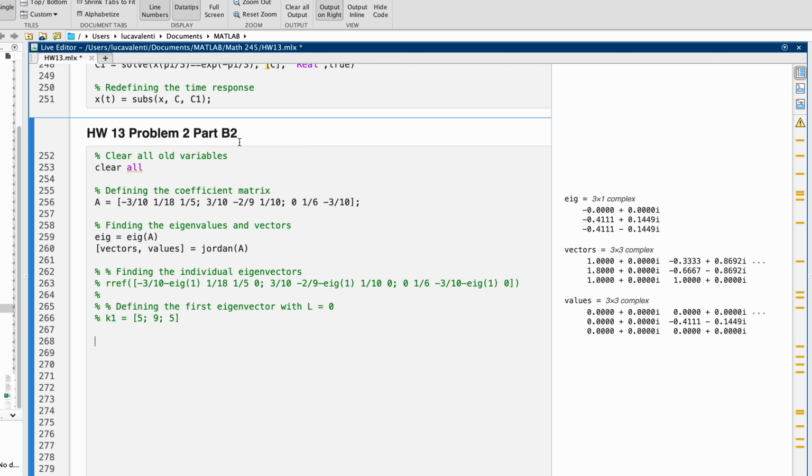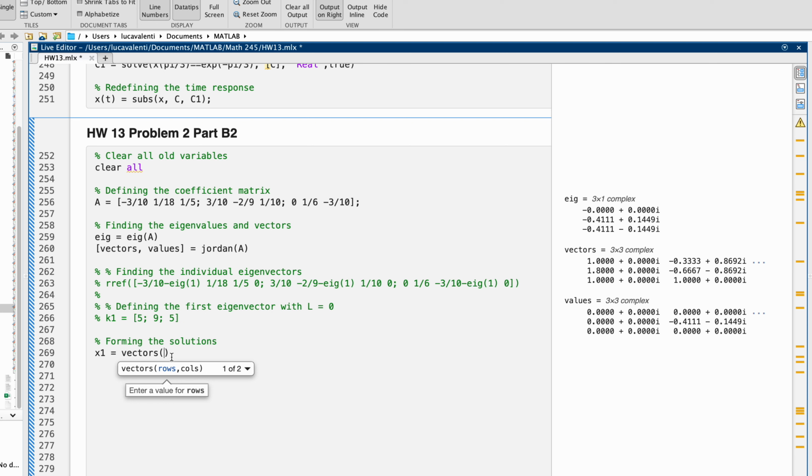And so it happens to be this way. So forming the solutions. One solution is going to be simply the eigenvector. So that's going to be vectors, and the first one is real.